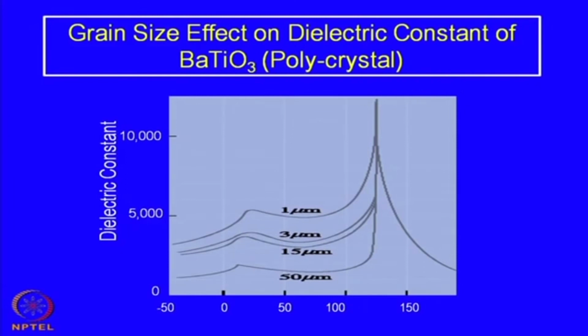So, there are many different standards available in the industry, and one has to play with the composition as well as the grain size of the material, so as to generate either a very high dielectric constant material with less temperature stability, or better temperature stability with a relatively low dielectric constant. So, these are some of the industry needs so far as the dielectric constant is concerned.